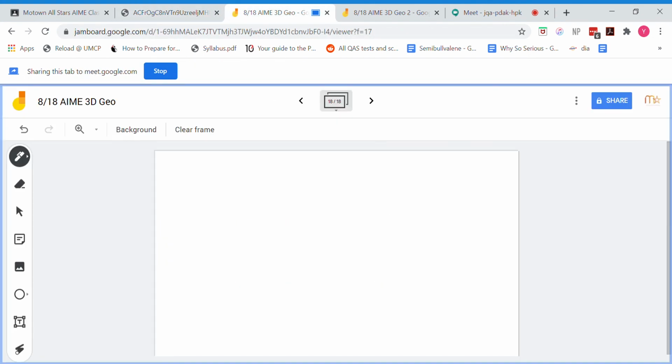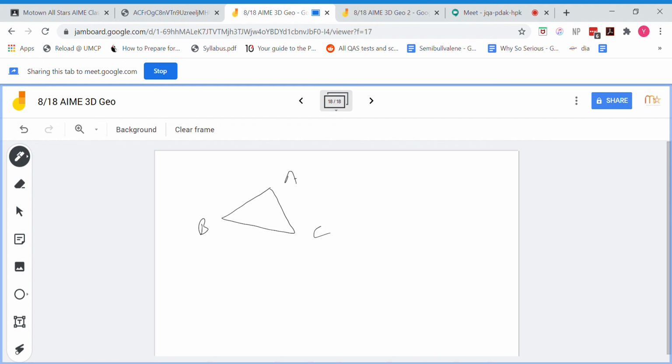So first off, a lot of symmetry. As always, start off with drawing a good diagram. That's the first step in any geometry problem. If you don't draw a good diagram, you can't solve the problem.